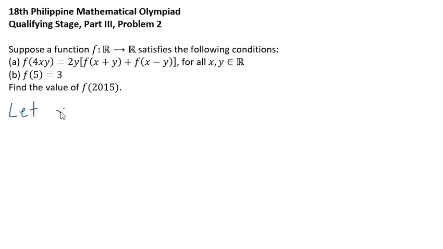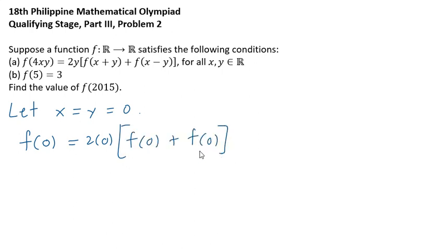I am doing this because if we let x and y be equal to 0, we have f(0) = 2 times 0 times (f(0) + f(0)), which yields f(0) = 0. So let's put this aside and plug in another value for x.